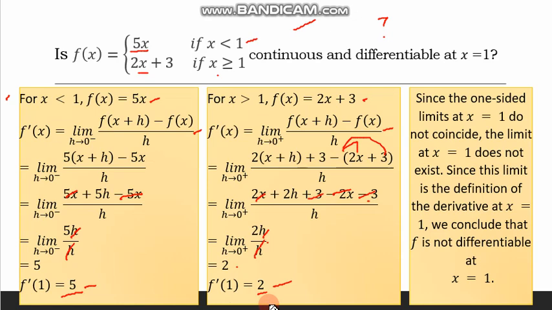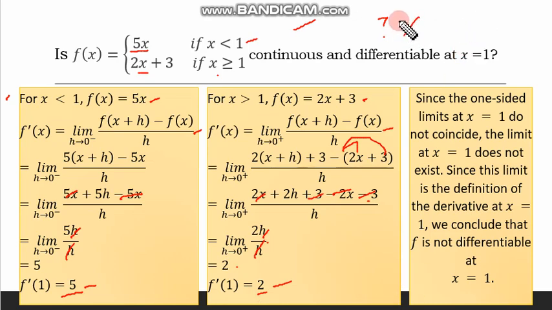Therefore, it doesn't coincide. The limit at x equal to 1 doesn't exist. And it also means that, by the definition of the derivative at x equal to 1, we can conclude that the function is not differentiable at x equal to 1.